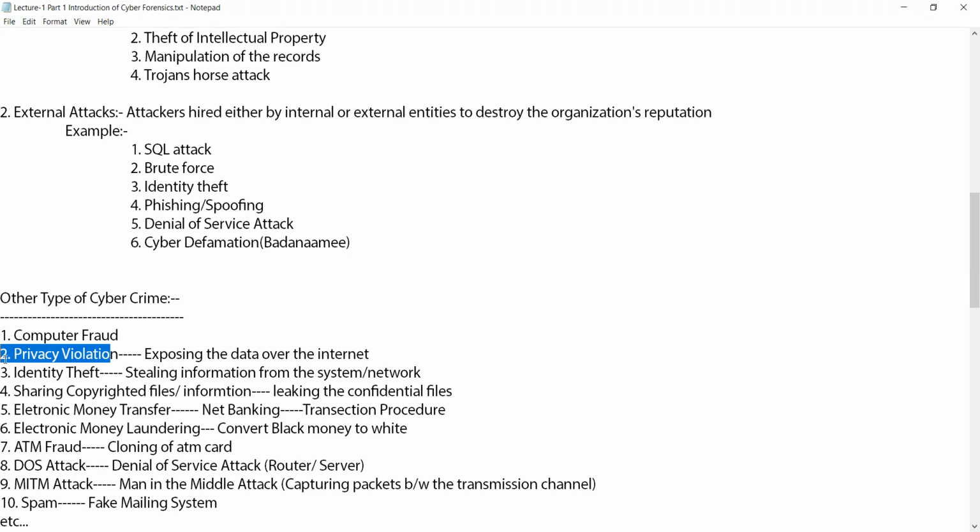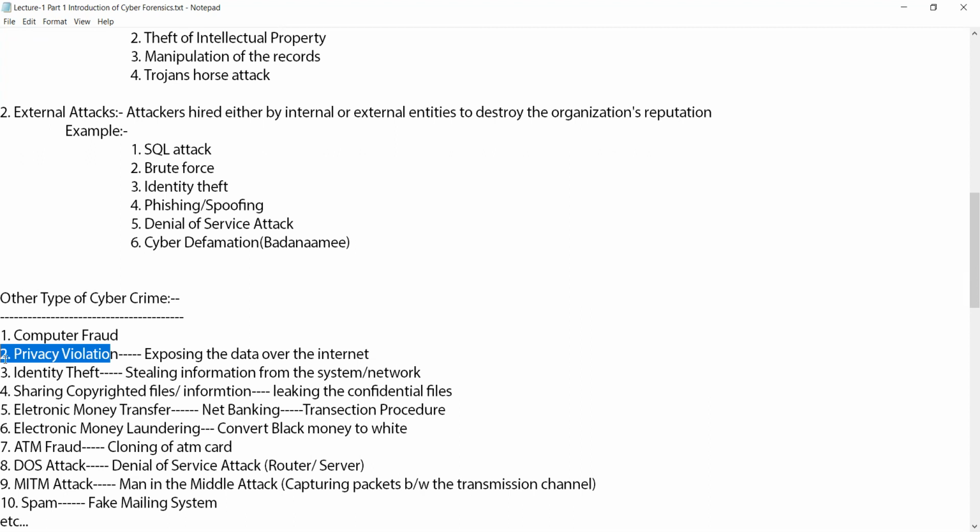Internal attacks are involved in identity theft. If an employee working in a company breaks the trust and steals the information and leaks that information to different companies, we can say that is a type of crime related to identity theft.